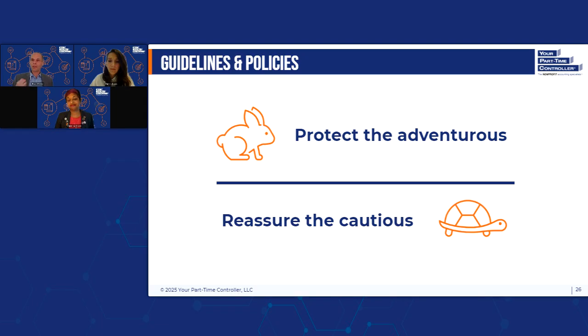There are still moments of strangeness about them. So think about those as guidelines, and then look for opportunities to elevate those guidelines into policies. This will reassure the cautious among your teams and protect the adventurous. And you want innovation coming from both of those groups. By giving them guidelines and policies, you'll help the adventurous stay safe, and you'll encourage the cautious to get off the sidelines and get involved.